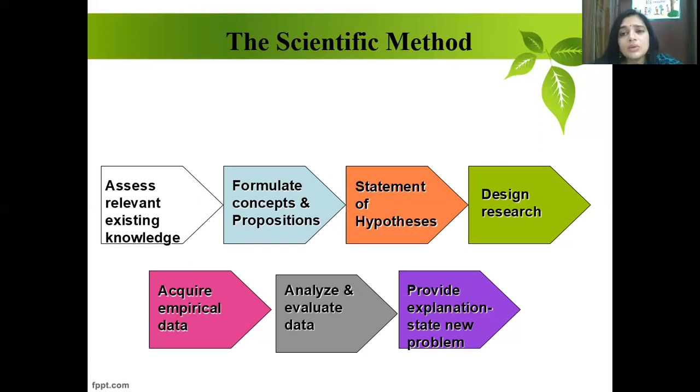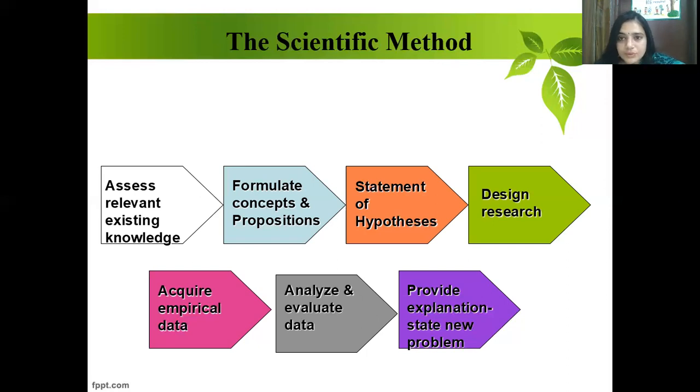So you must be knowing some theory behind it, at least something about it. That is how you will state a hypothesis. That is why we are already assessing the existing information and data, and then forming already available concepts and propositions about the same topic, so that we can state the hypothesis in a well-defined way.